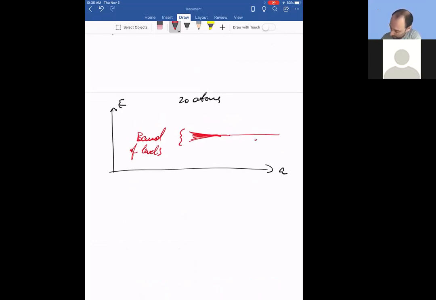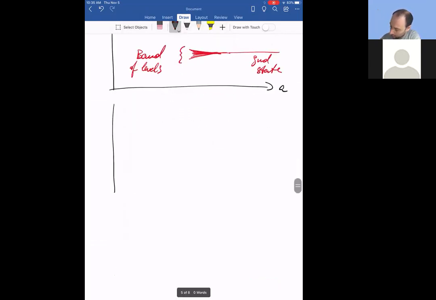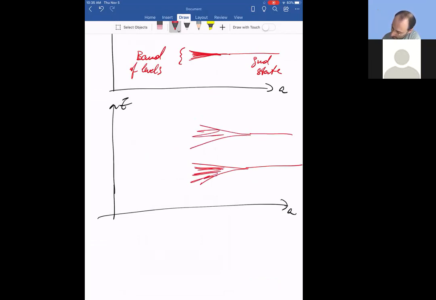And so this is a ground state. So if I include not just the ground state, but also the first excited state, this splits into a band. This splits into a band. This splits into a band.